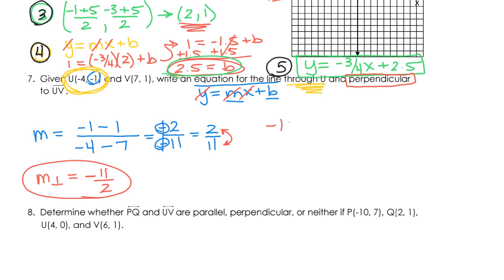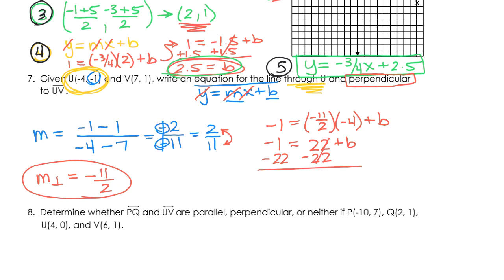All right. You can keep the equal sign. My slope, remember, is my perpendicular slope that I found, which is -11 over 2, times my X coordinate, which is -4 from U, and then plus B. All right, so I end up with -1 equals, and -11 over 2 times -4 is going to be a positive 22 plus B. I'm going to go ahead and subtract 22 so I can solve for B, and I end up with B equals -23.